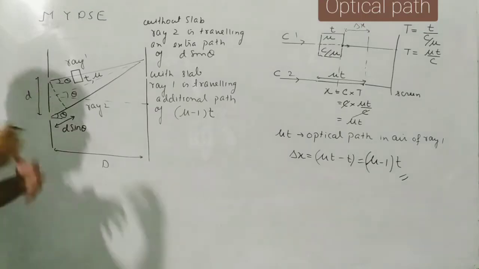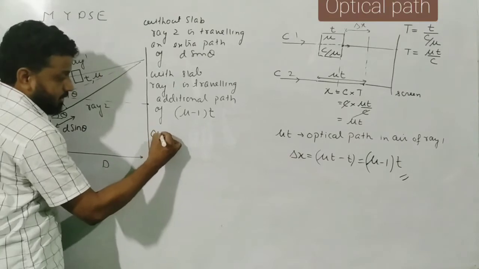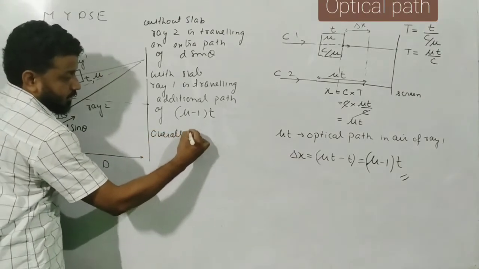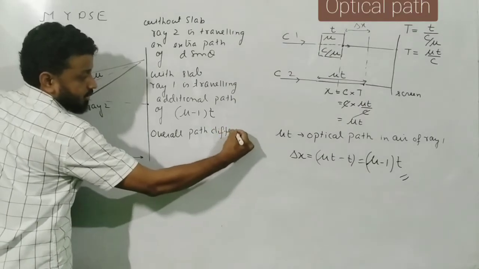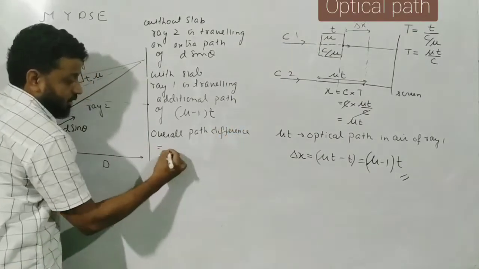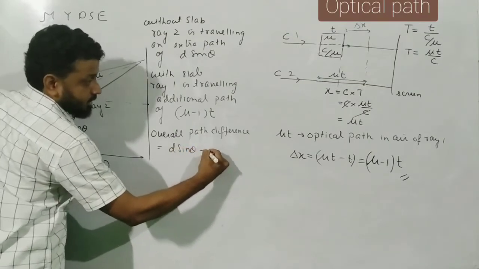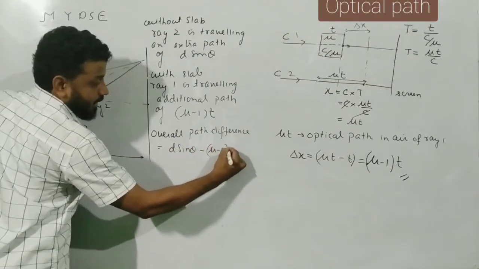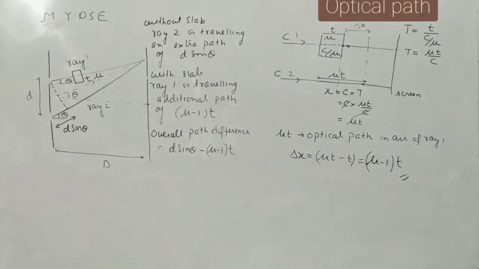So what is the overall path difference now? The overall path difference is equal to d sine theta minus mu minus 1 multiplied by t. This is the overall path difference. Correct?